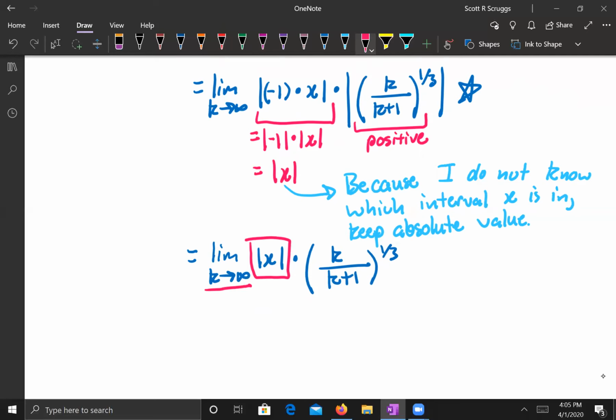Since I do not see any k in there, recall back from 1060, what's something that I can do with that absolute value of x with respect to the limit? Bingo, I get to pull it up front because I do not have a k with that.